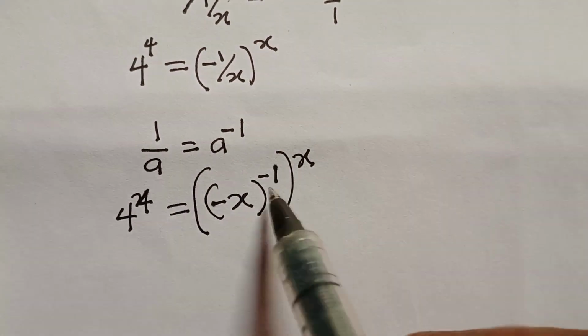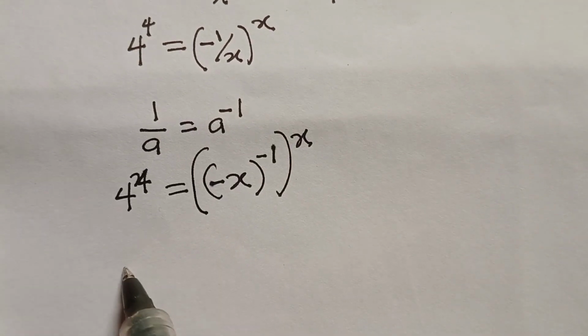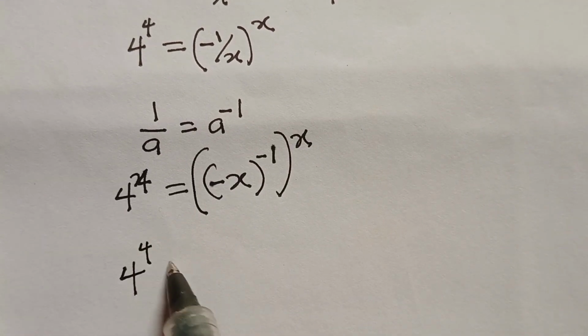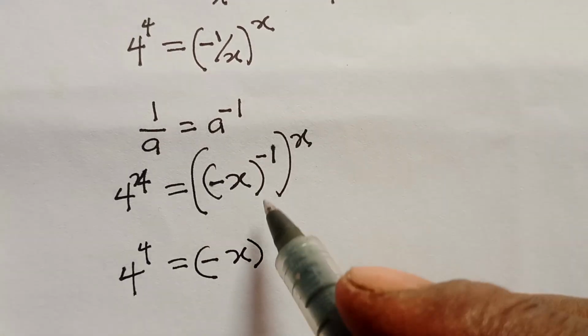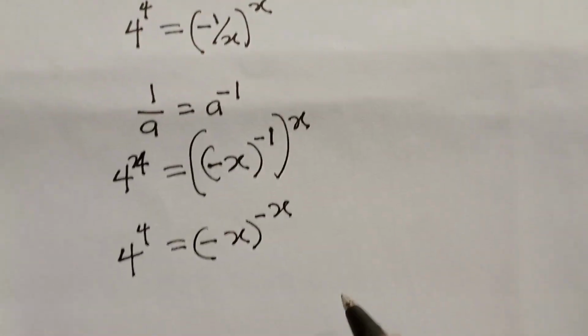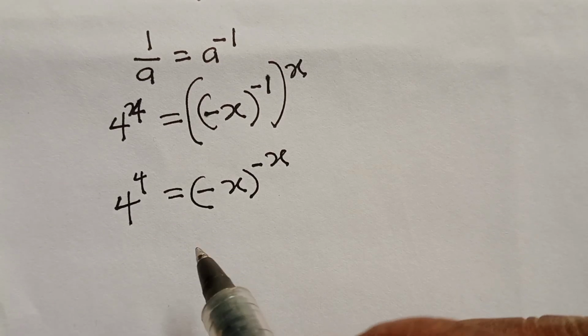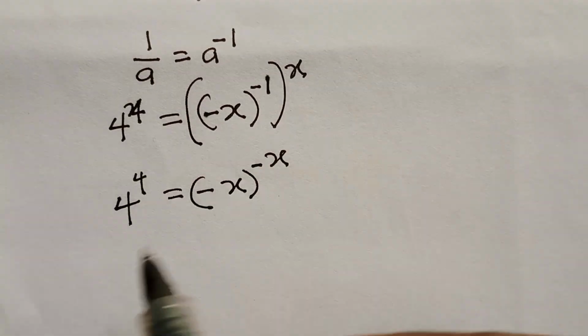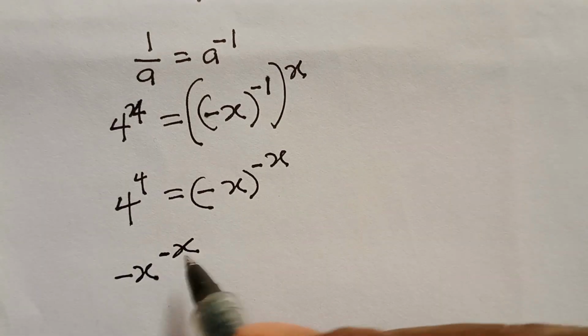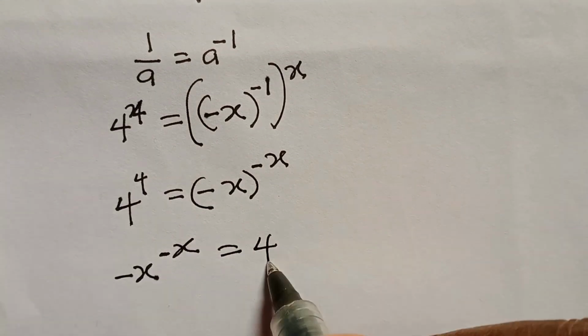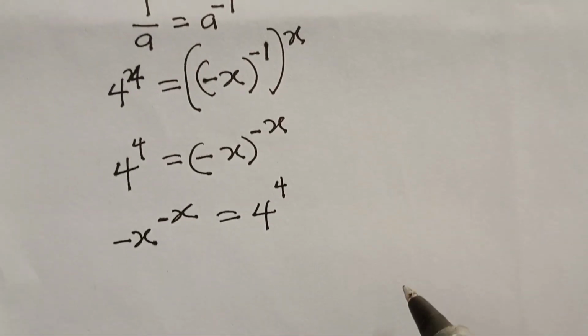If you multiply the powers, you now have 4 raised to power 4 equal to minus x raised to power minus x. So minus x raised to power minus x is equal to 4 raised to power 4.